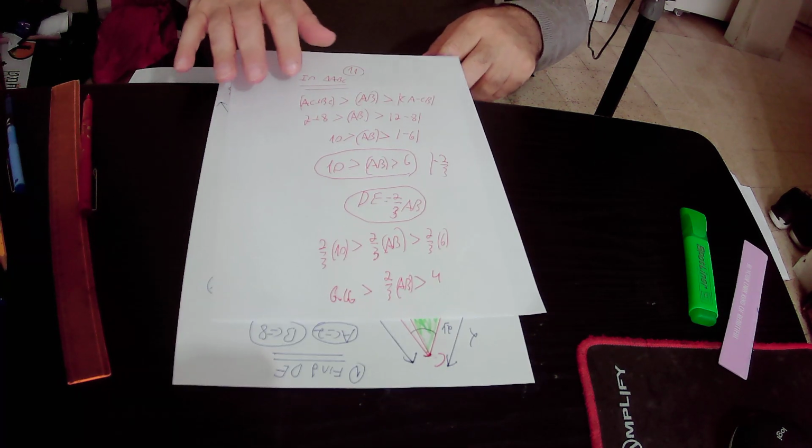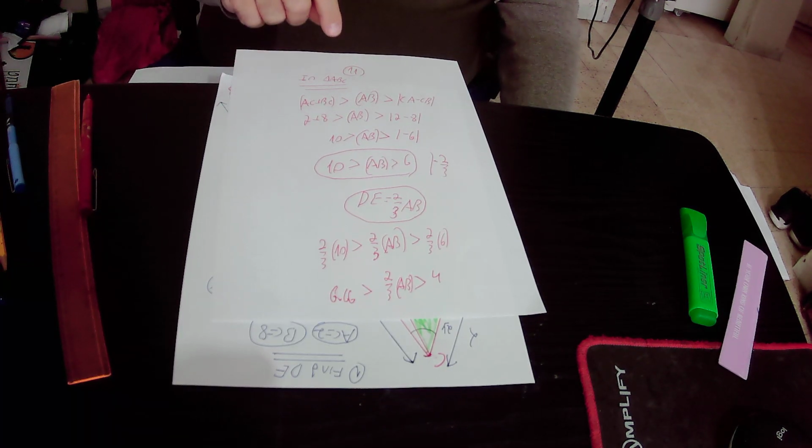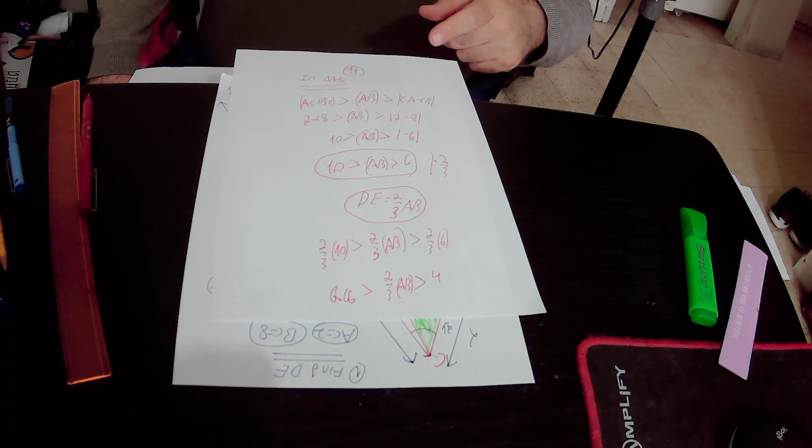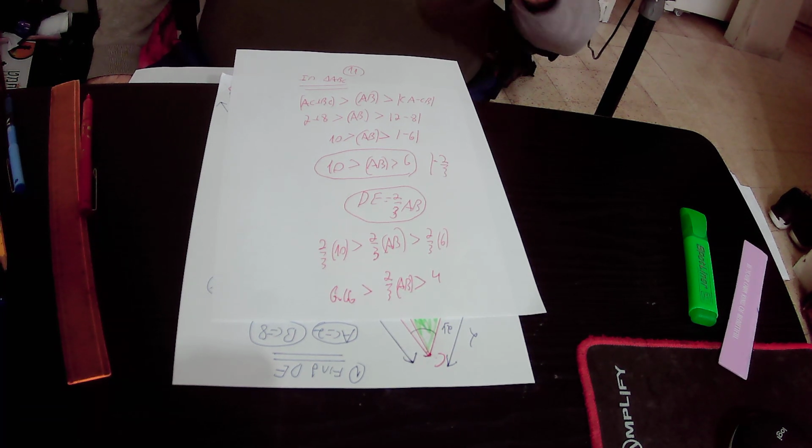But we know that AC equals 2 units and BC equals 8 units. So AC plus BC is 2 plus 8, so AB is smaller than 2 plus 8 from one side, but from the other side, AB is greater than the absolute value of 2 minus 8. 2 minus 8 is minus 6, and the absolute value of minus 6 is the distance of minus 6 from 0, which is 6 units.